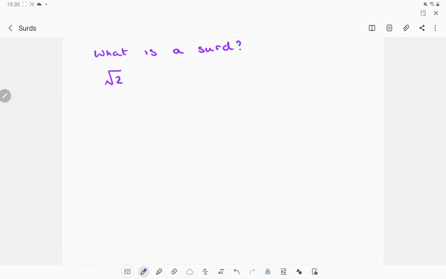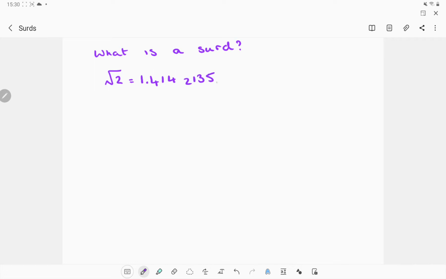Now, if I asked you for the value of the square root of 2, you might be able to tell me, well, 1 squared is 1, 2 squared is 4, so the square root of 2 has to be somewhere in between 1 and 2, and you'd be right. You'd type into your calculator square root of 2, and out would come 1.41421335.